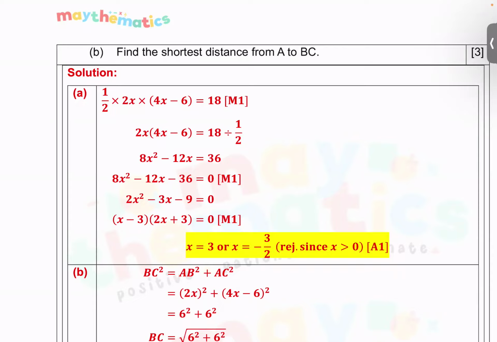Algebra. Okay, algebraic fractions. And then okay, Pythagoras. Pythagoras. Then what about congruency and similarity? Okay. Okay. Proportions.